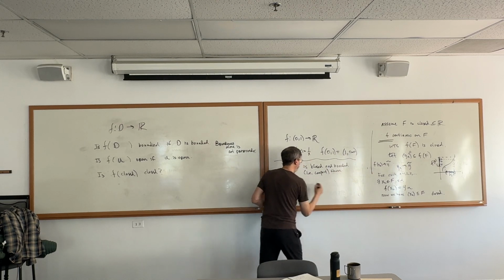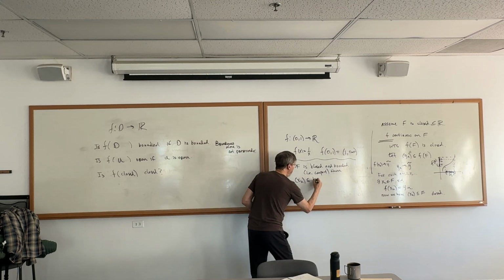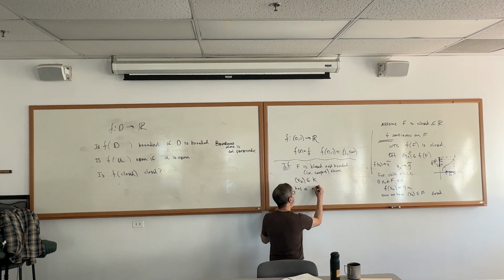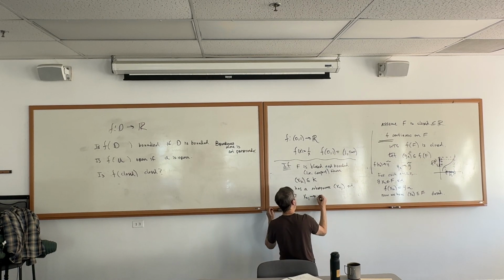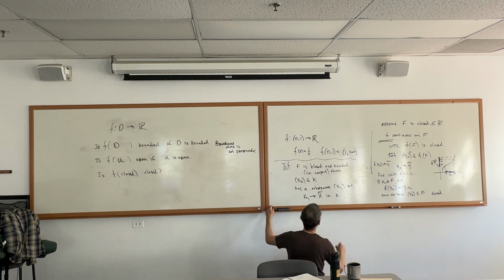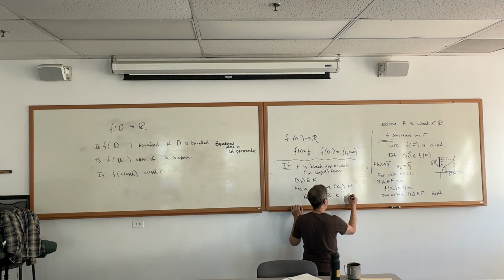Then this sequence of points that we constructed in K has a subsequence x sub n sub j such that x sub n sub j converges to something, we'll call it x tilde in K. And then f is continuous, so f of x sub n sub j must converge to f of x tilde.